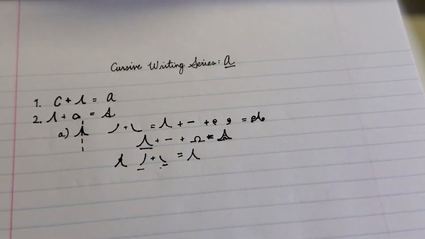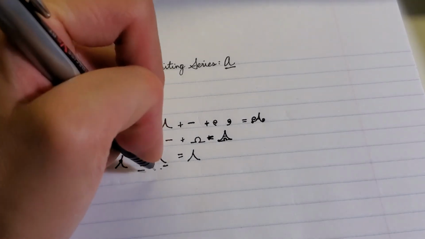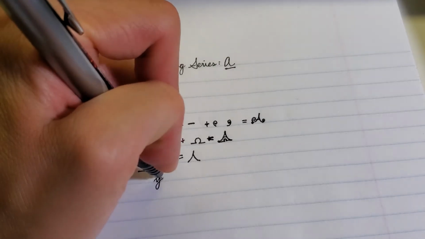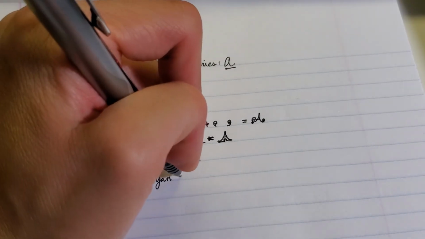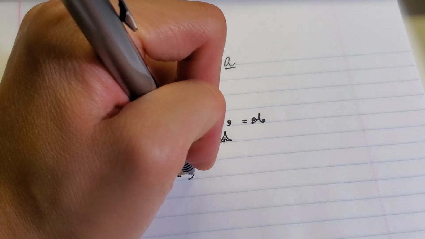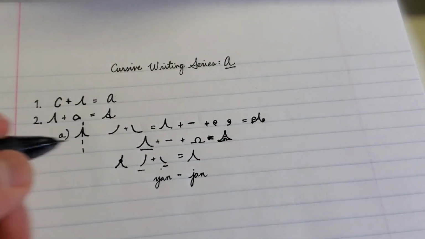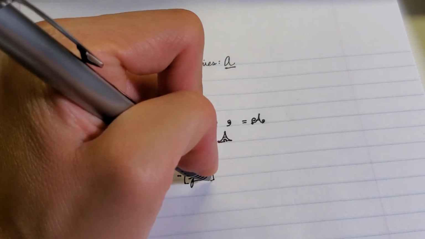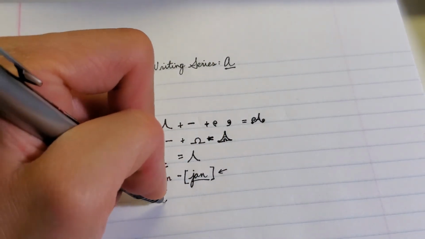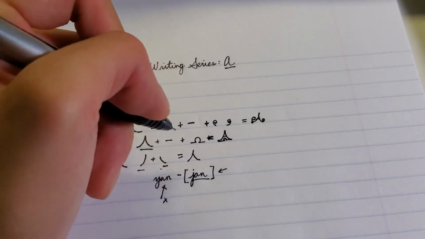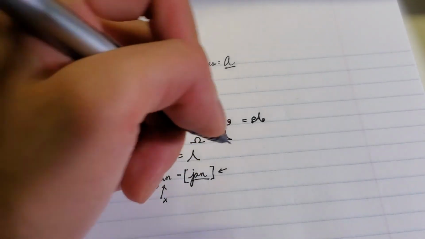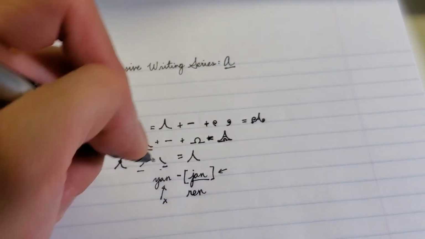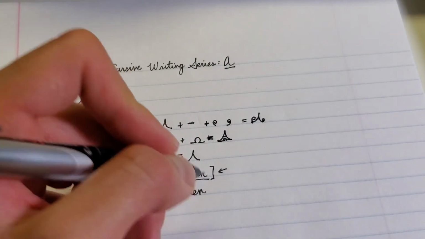Now, at first I thought the Cantonese word for human was spelled as Y-A-N for some reason. However, I was completely wrong. It was actually J-A-N. So keep in mind, it's J-A-N, not Y-A-N. And in Mandarin, you can actually pronounce this as ren, so it's gonna be R-E-N.